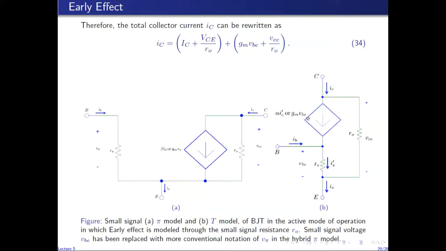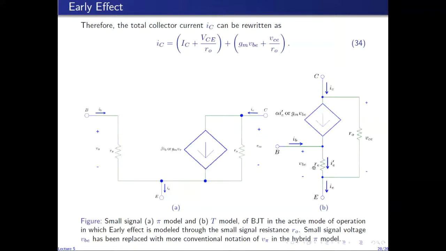However, in this case, previously when there was no R naught, the current flowing through small RE was equal to the emitter current. So VBE was equal to IE times small RE, and GM times VBE was GM IE small RE. GM small RE was alpha, so GM VBE was alpha IE. But now emitter current is not the current flowing through small RE because of the inclusion of small R naught. So emitter current IE is now the sum of the current flowing through small RE and the current flowing through R naught.